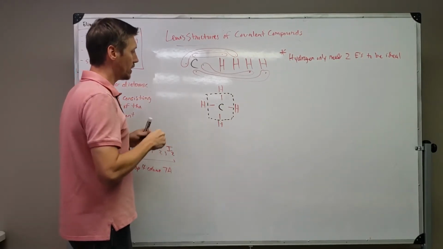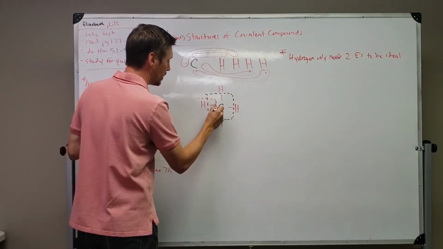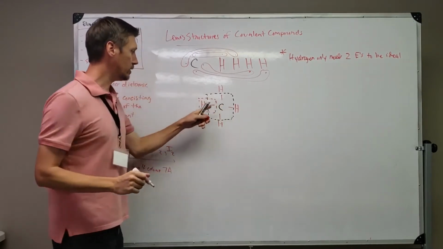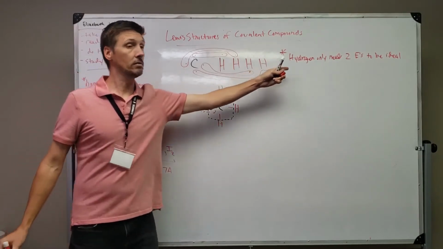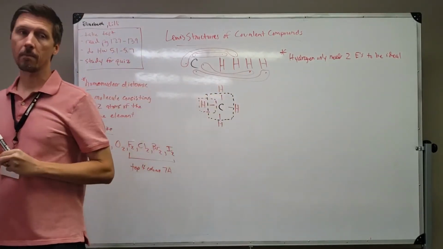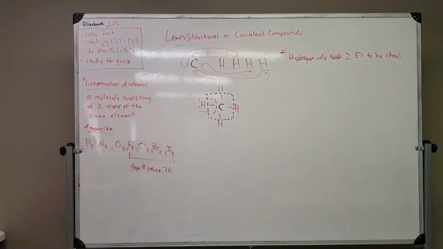If I put a dotted line around the H to count the electrons here, this H has 1 line next to it, so it's got 2, which is all it needs to be ideal, right? So everybody's happy. Everybody's got the ideal amount of electrons because of the covalent bonds there.